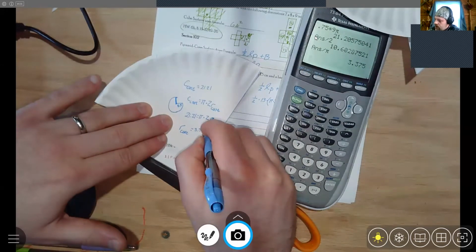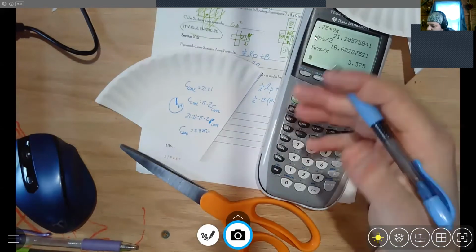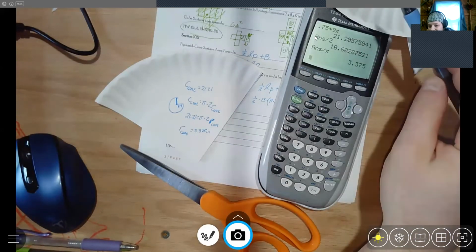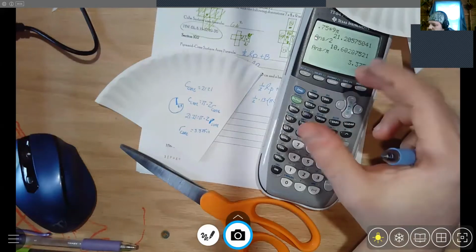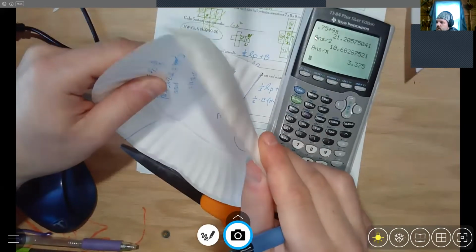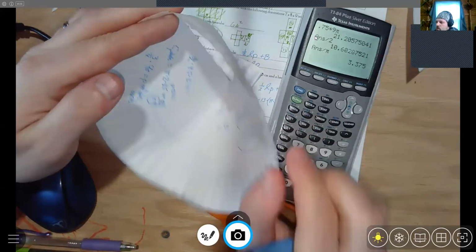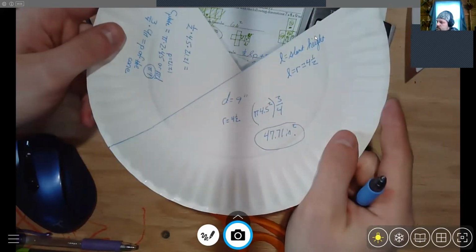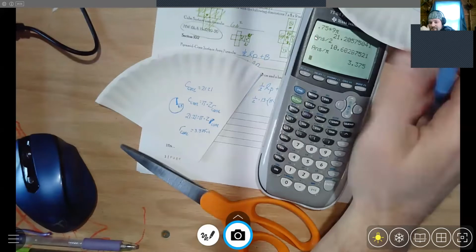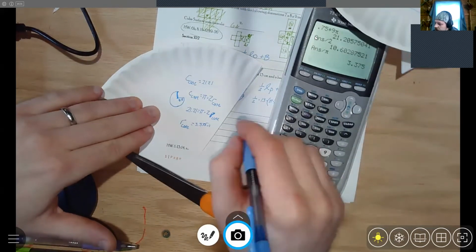That's in inches. And that makes sense. I mean, it's less than 4.5, right? The radius of our plate. That makes sense because the cone base is going to be smaller, right? If we make this into a cone, this base here is going to be smaller than the size of the original plate. Now we just need to use that in our area formula to find the area of the base.